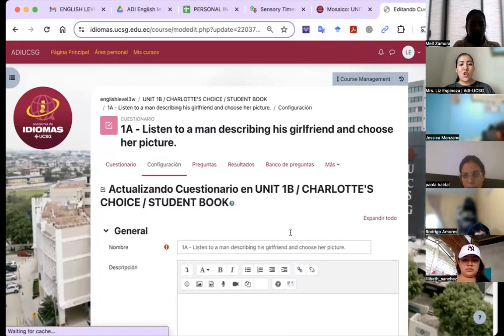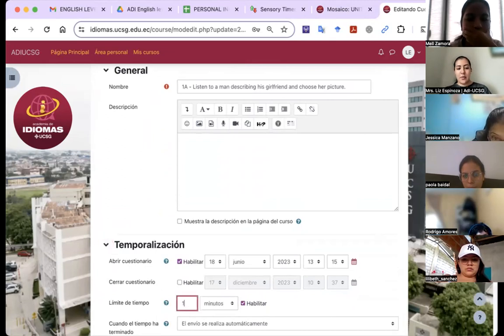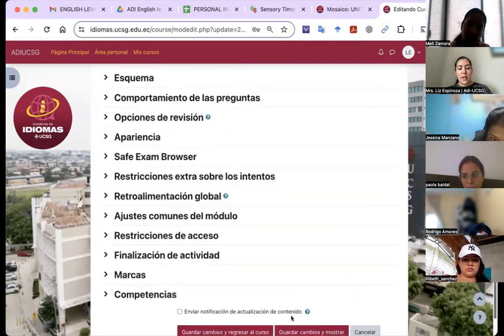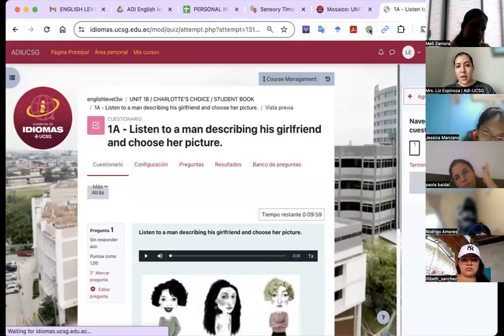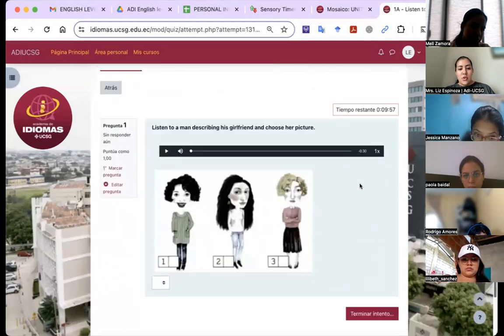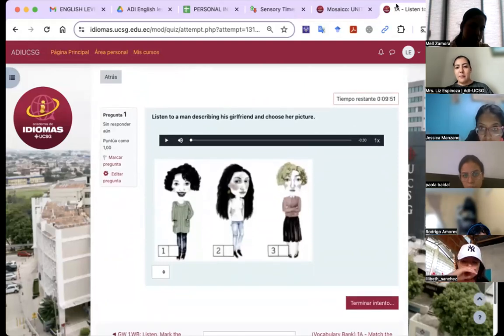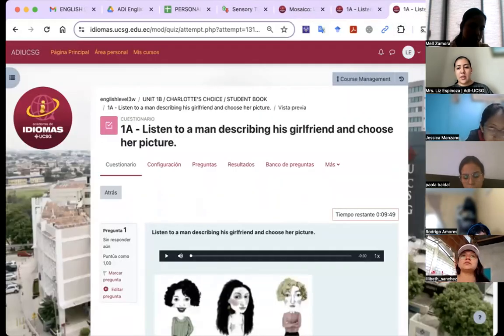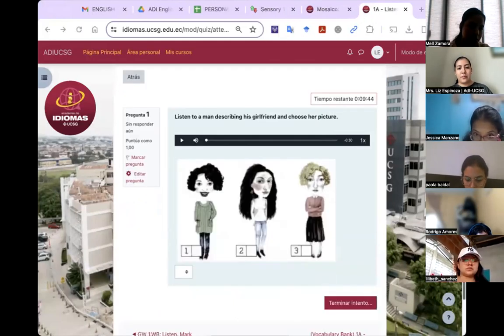So in this case, we're going to listen to a man describing his girlfriend, right? So let's see what characteristics this person is mentioning, and in that way, we can choose the picture of the girlfriend, okay? So we only have 30 seconds, and I'm going to repeat only 2 times, okay? So let me move it, and that will be it. Ready, let's listen.